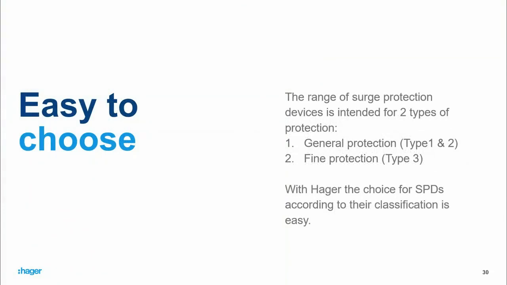Now, one can classify the SPDs into two kinds of protections. The most commonly asked question in the SPD world is, which SPDs should we install? Which type? And where? Now, we have developed a simple and easy to understand flowchart to make your selection very easy.